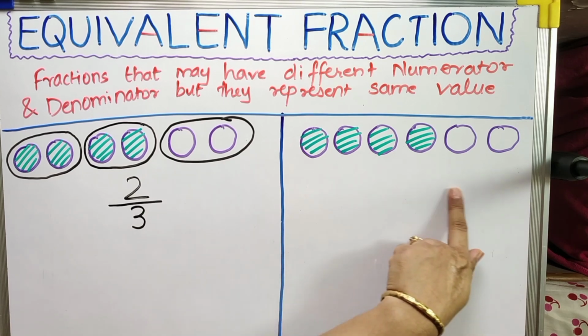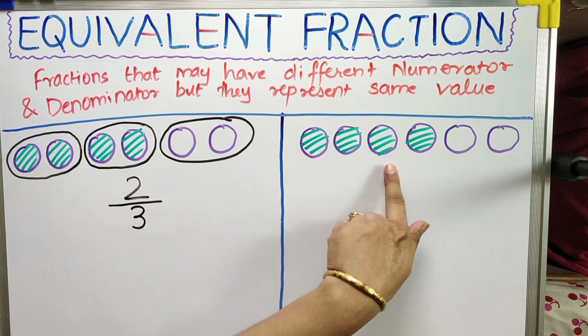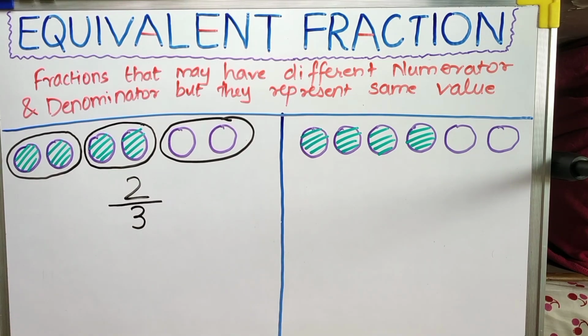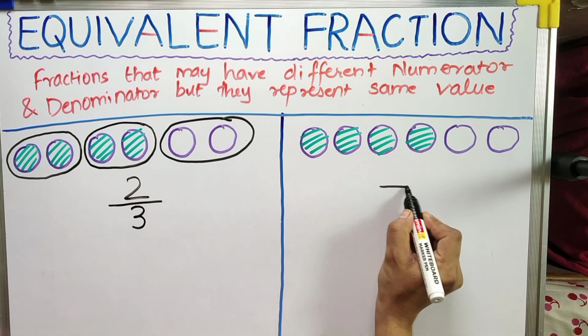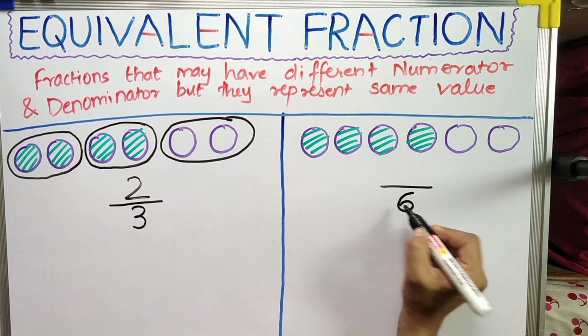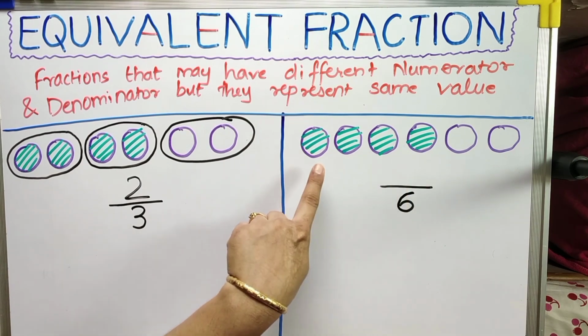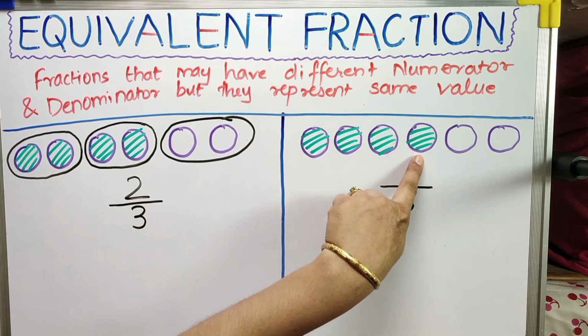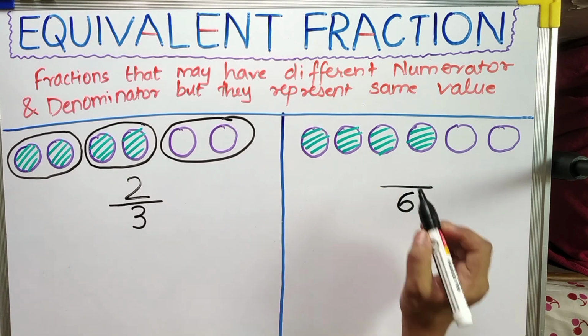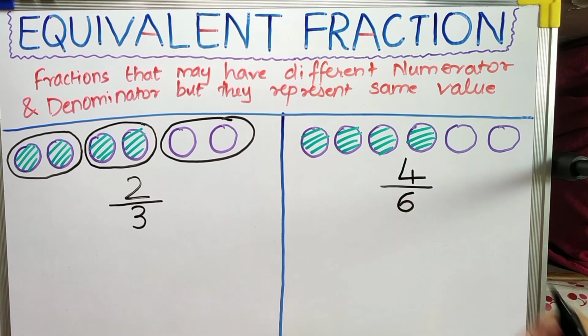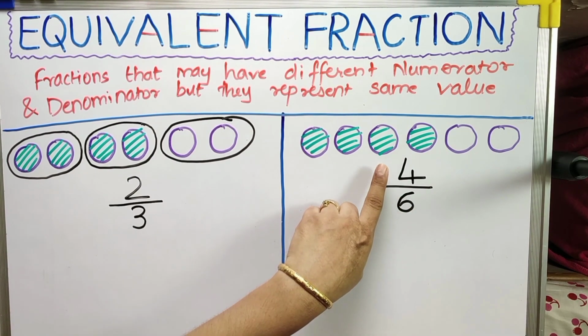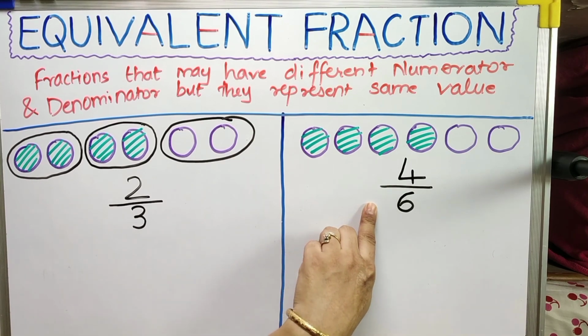Now, over here if you see, there are a total of 6 circles, right? So, the denominator would be 6 and the number of shaded circles is 4. 1, 2, 3, 4. So, the numerator would be 4, and the fraction formed is 4 upon 6.